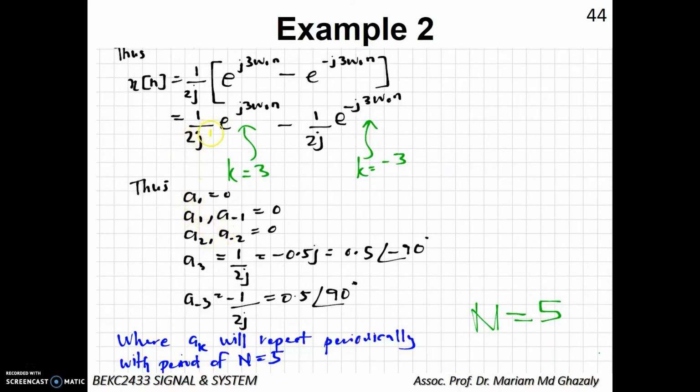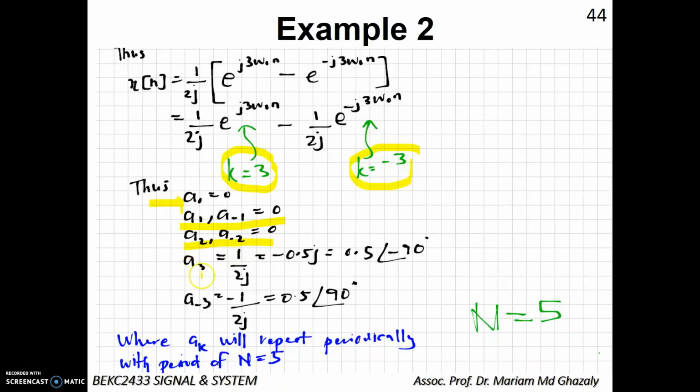So now you take out the values for the Fourier coefficients. Right now you directly see that there is no constant term, so a0 is equal to 0. And then for a1 and a minus 1, do you see any k value equal to 1 and minus 1? No, right? So a1 and a minus 1 are also 0. And then, do you see any value for k equal to 2 and minus 2 here? No. So a2 and a minus 2 equal to 0. Next, you see that you have the value for k equal to 3 and k equal to minus 3.